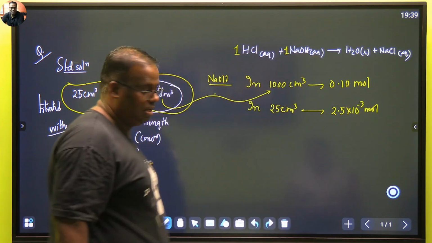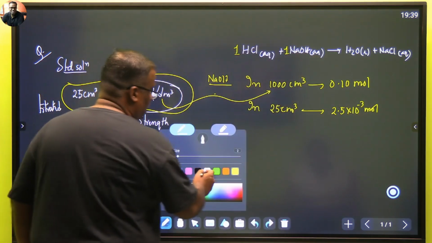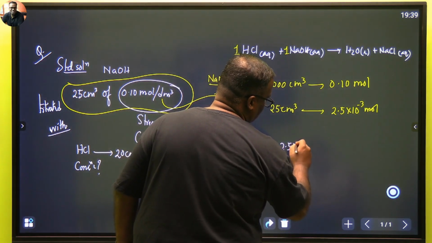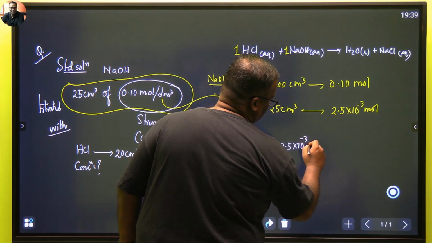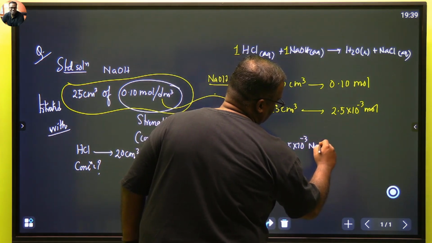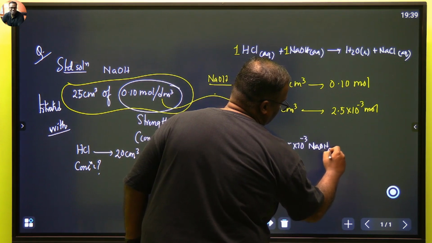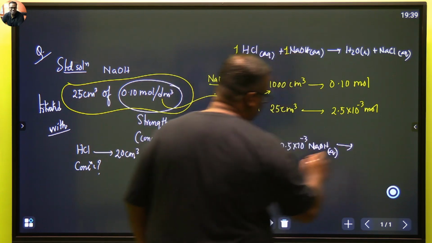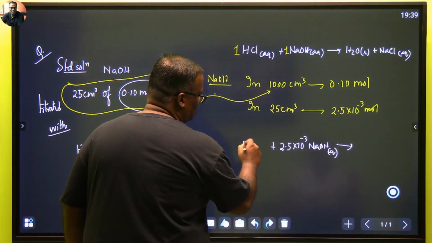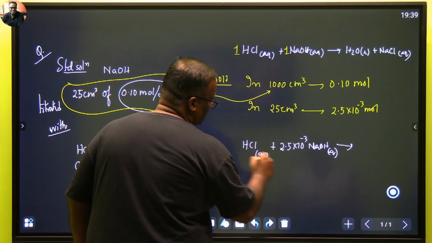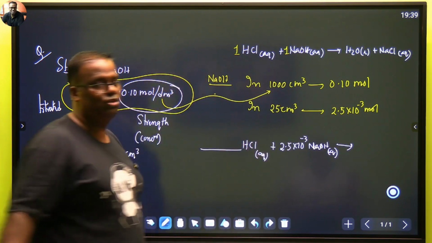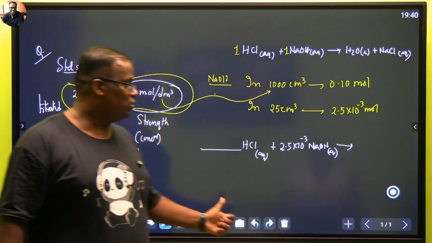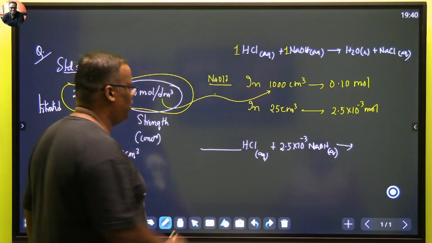All right. I am rewriting my equation now. I'm not writing the right hand side, because we are all interested in the left hand side. Tell me how many moles of HCl should it react with? It is neutralized. How many moles of HCl should be there? The same. Very good.